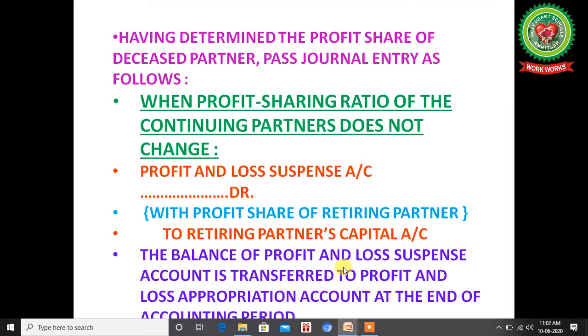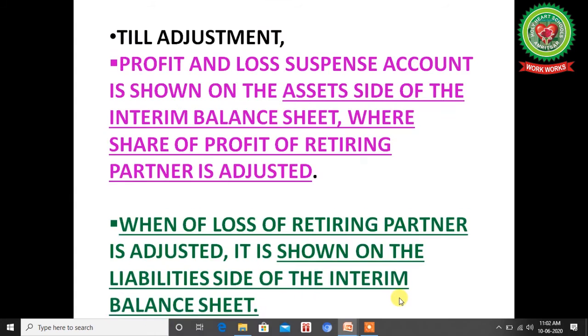The balance of the profit and loss suspense account is transferred to the profit and loss appropriation account at the end of the accounting period. Till the adjustment, the profit and loss suspense account is shown on the asset side of the interim balance sheet, where the share of profit of the retiring partner is adjusted.